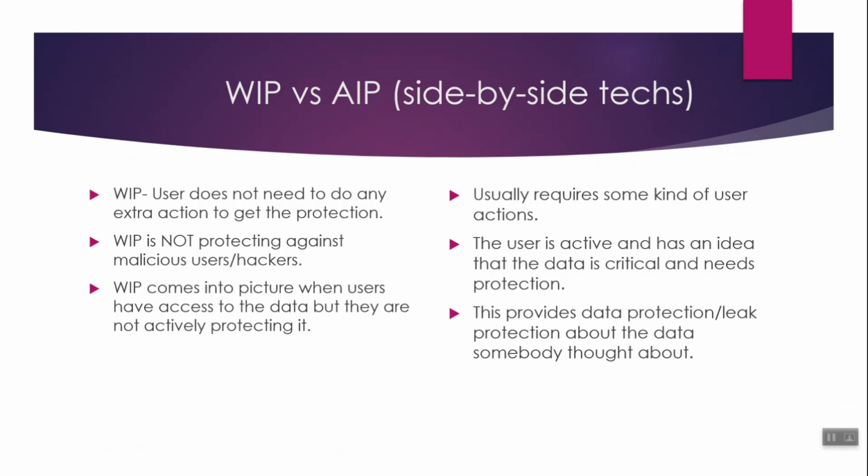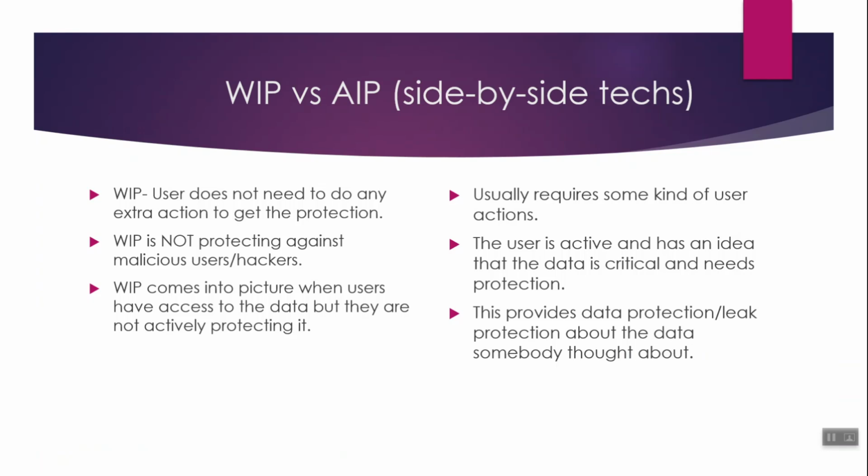WIP would not be able to protect it. This is something the user is doing willingly. He cannot just forward the email and type in his personal email address by mistake, right? He has to make that selection. He has to enter it. So WIP believes that this is something the user wants to do. Therefore, it does not interfere over here.